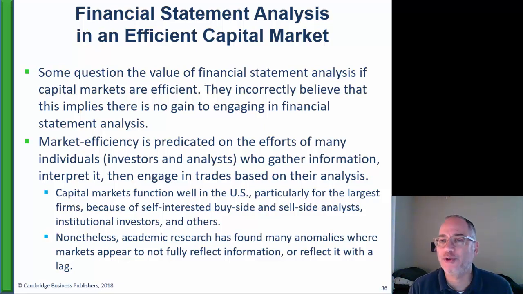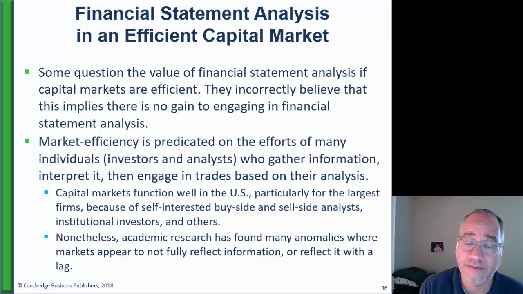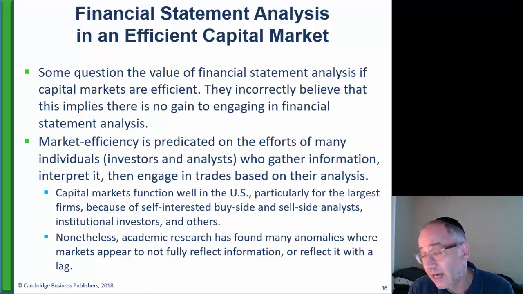And this is really true most of the time. So if you buy just a portfolio, a lot of my retirement fund is in an index fund, the Vanguard Index 500, the 500 largest stocks.